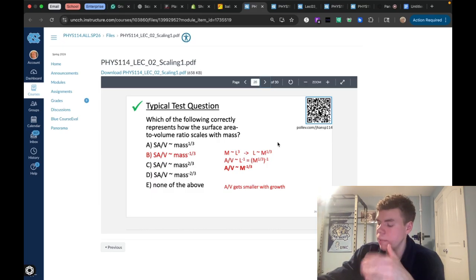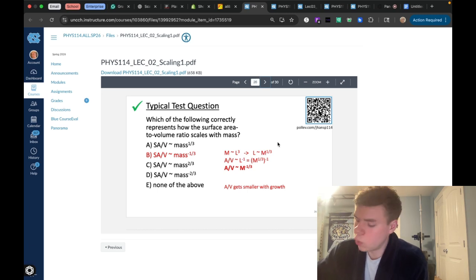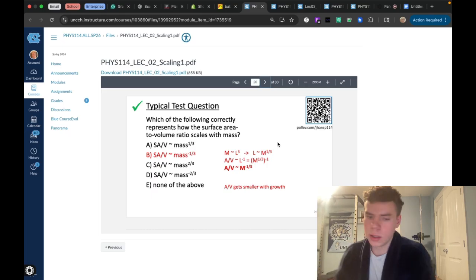if length is equal to mass to the 1/3 and length to the -1 is equal to surface area divided by volume, we know that mass to the 1/3 to the -1 is also equal to surface area divided by volume. All right, so let me write this down. So surface area divided by volume is equal to mass to the 1/3 multiplied by a -1 exponent.